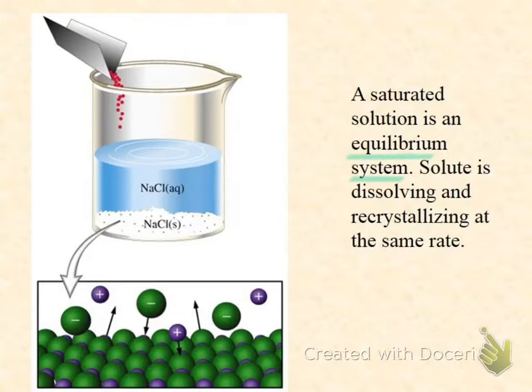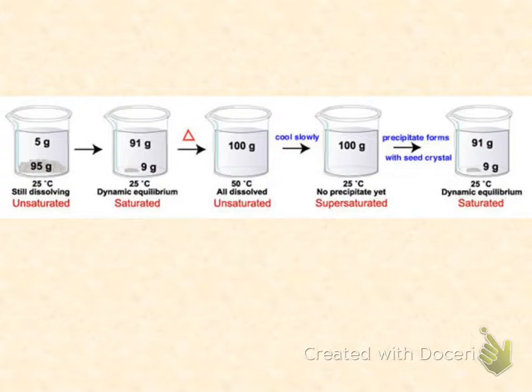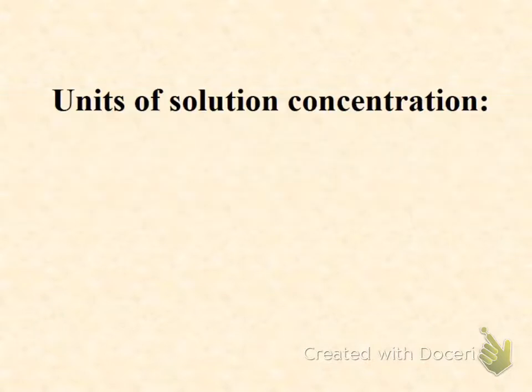So we're dissolving and recrystallizing at the same rate, and that can show you that on that particulate level. Same thing here, just showing you how if you make a saturated solution, you cool it slowly, add a seed crystal, and then the difference of what it should have been will fall back out and recrystallize.